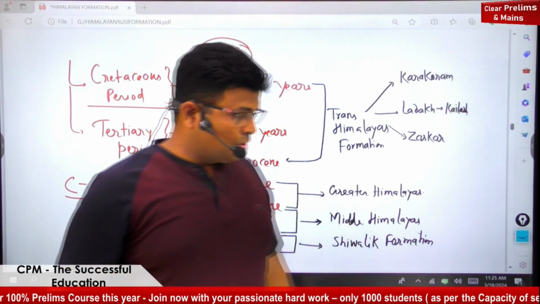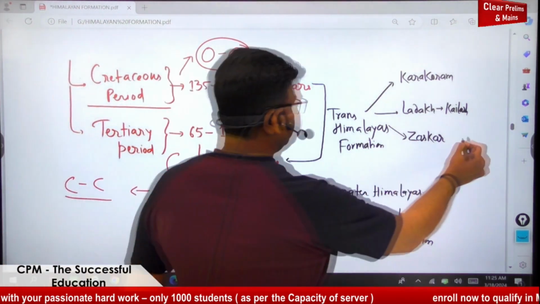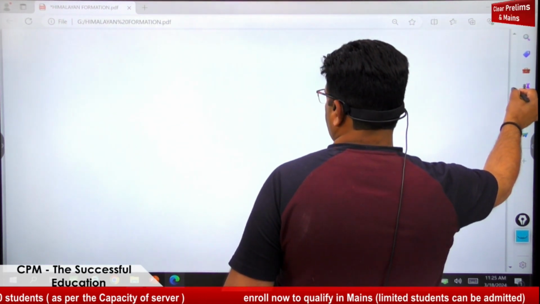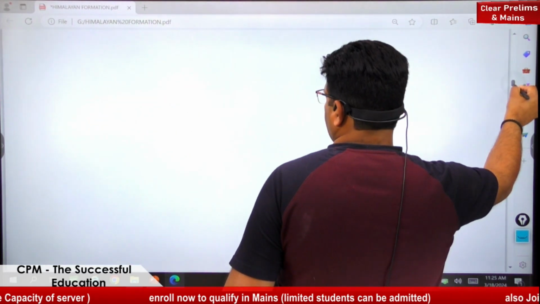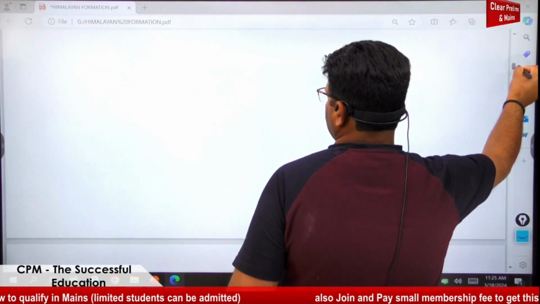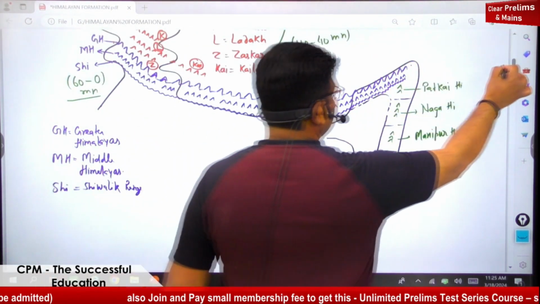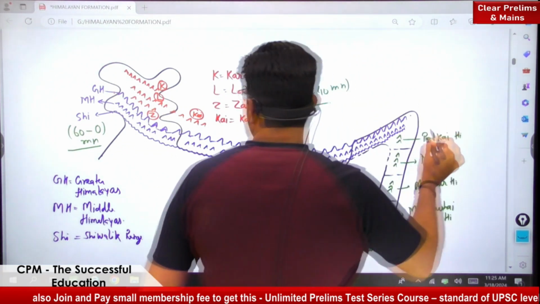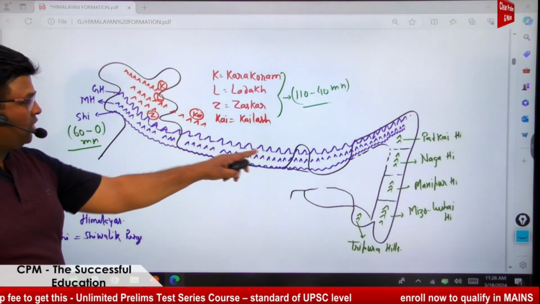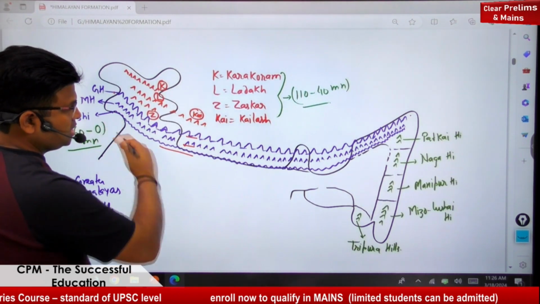Understood? Let us move a little bit back and try to see. Here these bigger blue color ranges are the Greater Himalaya, here is the Middle Himalayas, and these are the Shivalik range.